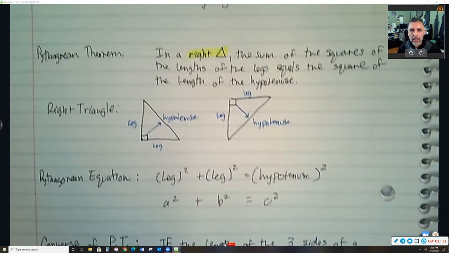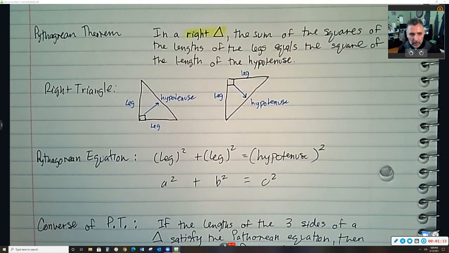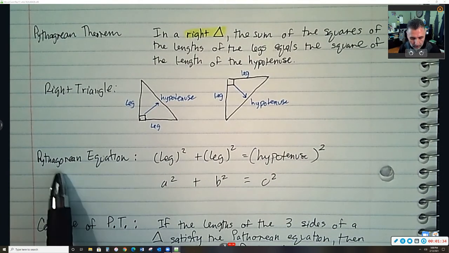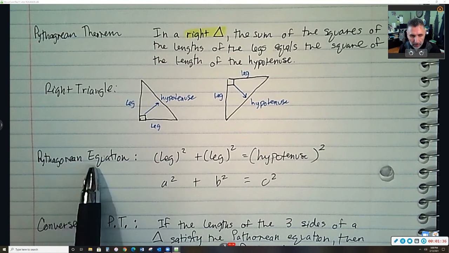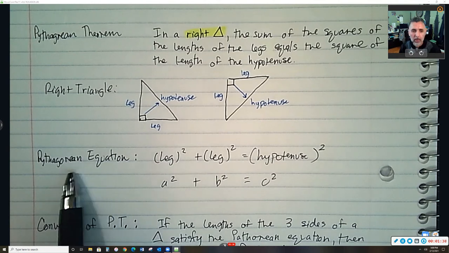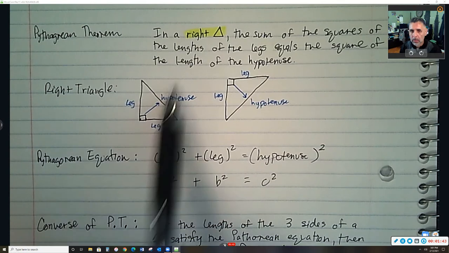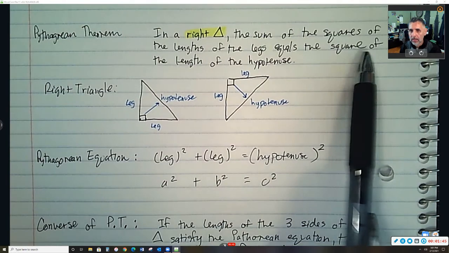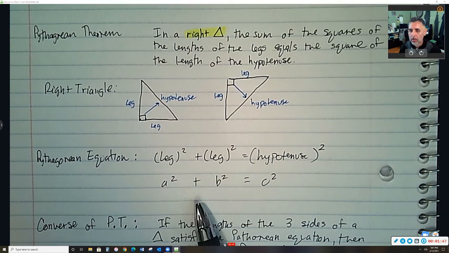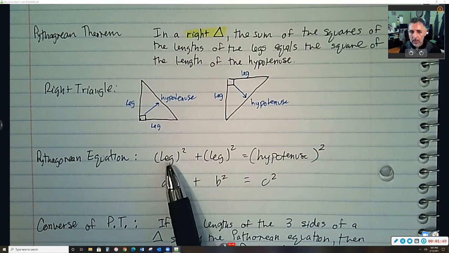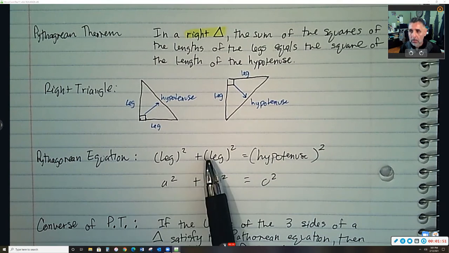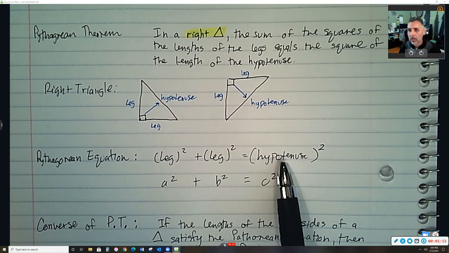And then here, some people still call this the Pythagorean theorem. I think in the book we have, they call it the Pythagorean equation. It's pretty much this statement using symbols. If you square the two legs and add them up for a right triangle, it will equal the hypotenuse squared.